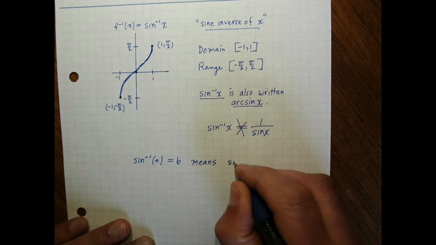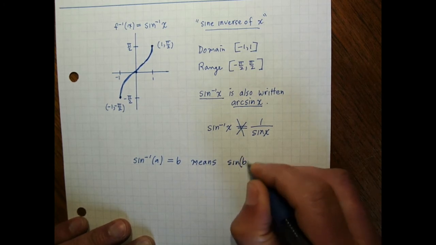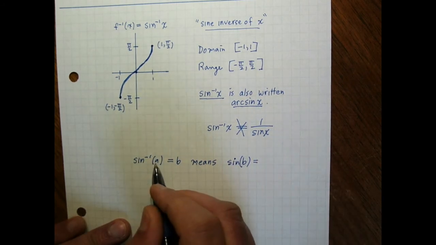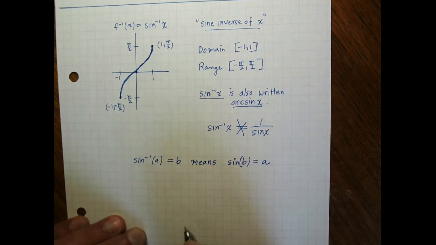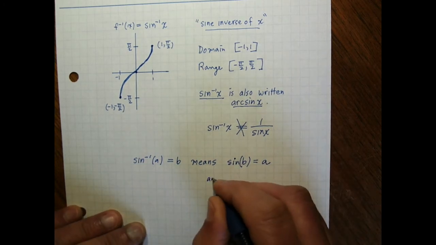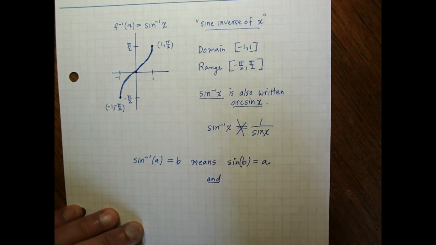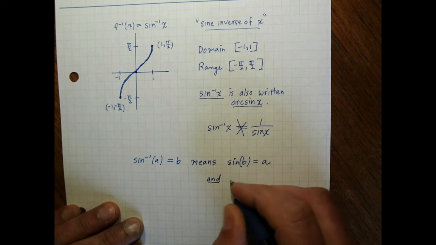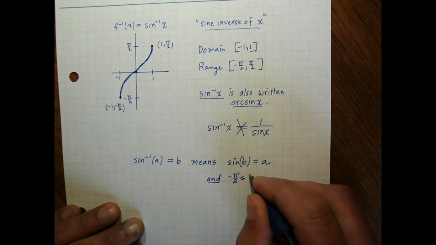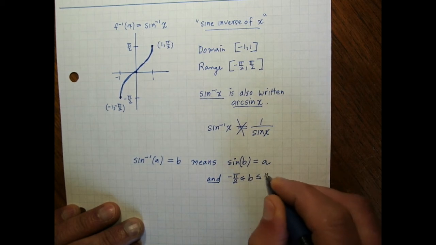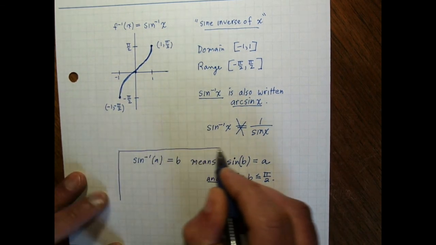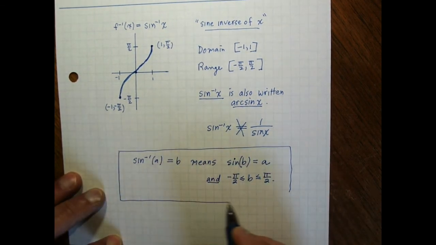So that means sine of B equals A, so B becomes the input of sine, and the input here becomes the output of sine. And there's this added condition we're going to have to keep in mind, that this angle came from that restricted domain. So the B value is always going to be between -pi/2 and +pi/2, possibly one of the endpoints.